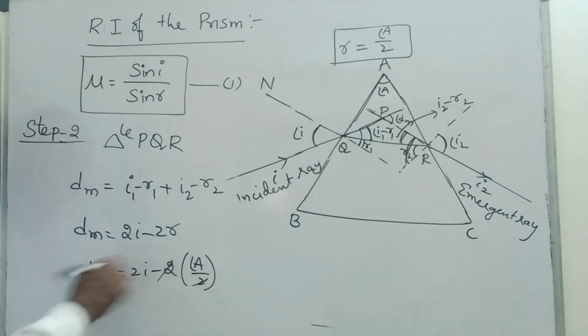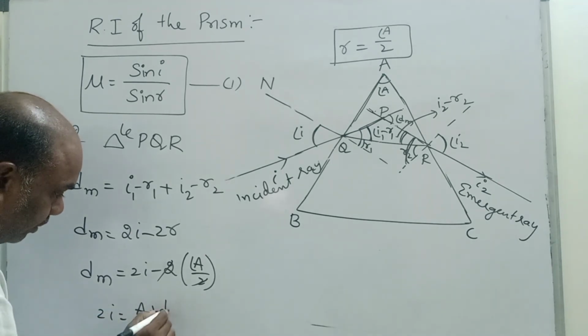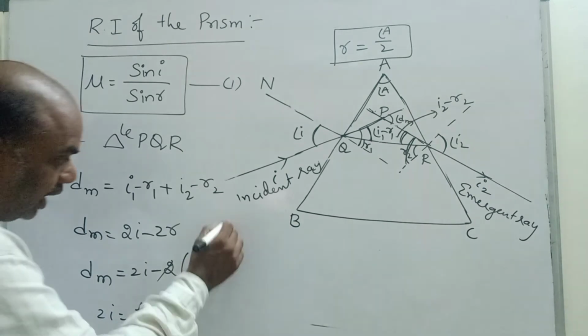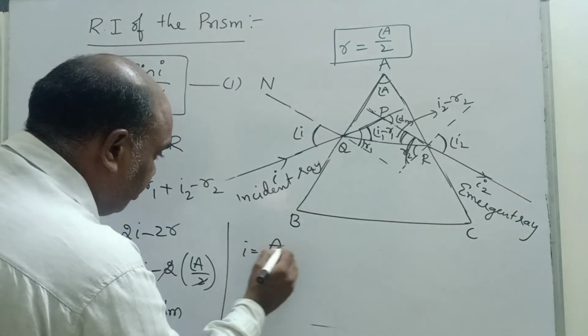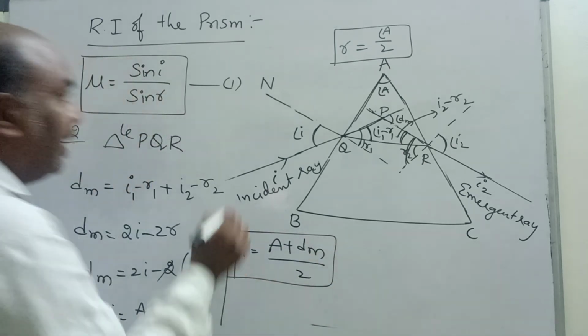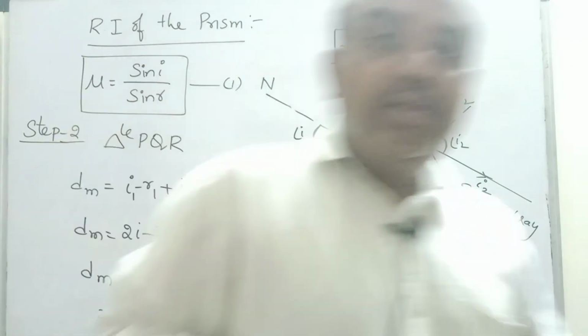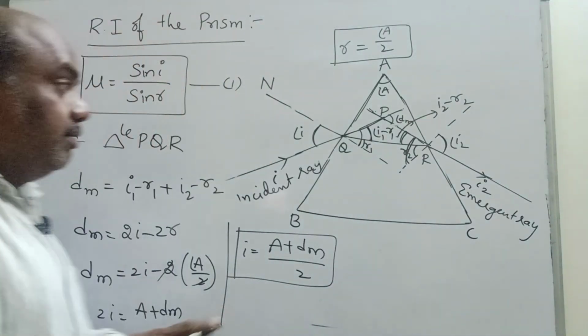The 2 cancels. Minus A comes to this side. 2I is equal to A plus DM. From this, I is equal to A plus DM by 2. We got the I value and R value. These two values substituted in Snell's formula will give the refractive index of the prism.